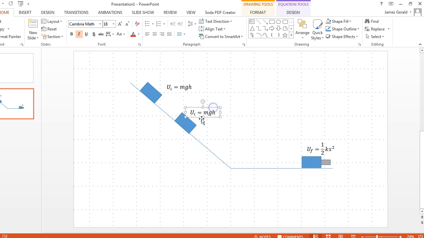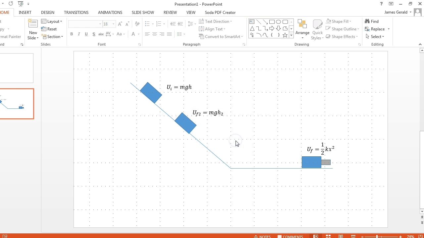All of it's potential. I'll call this U final 2 is mgh2. So we've got this initial height, we slide down, we hit the spring, we compress. The spring uncompresses and sends it back up.